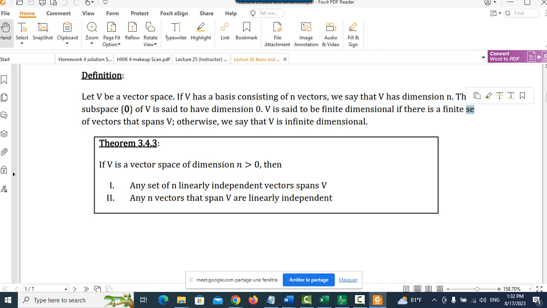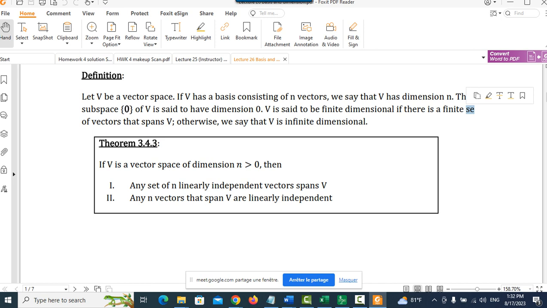Theorem 3.4.3. If V is a vector space of dimension n greater than 0, then one, any set of n linearly independent vectors spans V, and two, any n vectors that span V are linearly independent. For example, let's say V is the vector space R2.